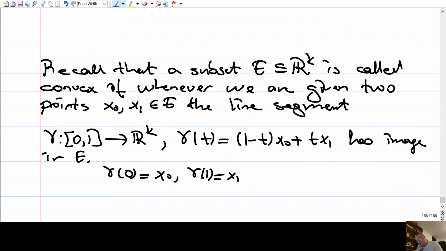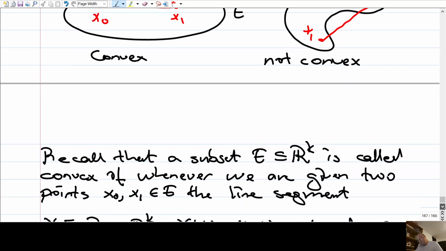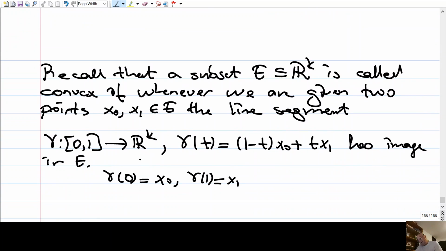Okay, let me change this: x0, x1, x0, x1. All right. Now, why is this path connected? Well, by definition, this is a continuous function.